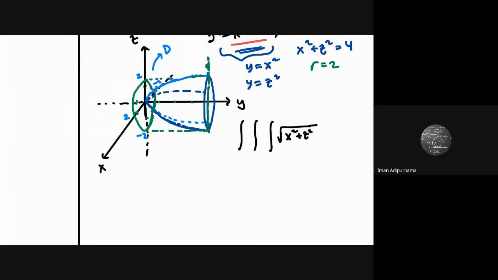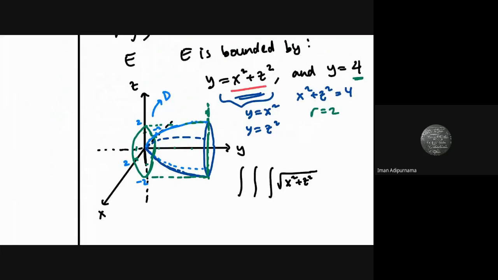So if we have x squared plus z squared equal 4, okay, or maybe I will move here.